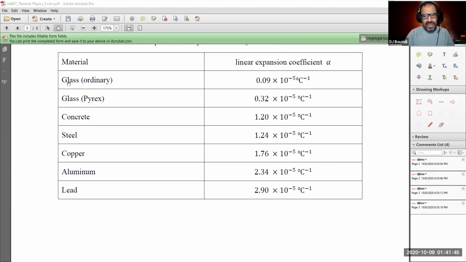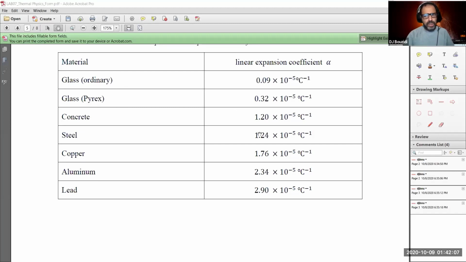For glass, if it doesn't melt, because glass melts, it's 0.09, so it has a very small alpha, okay? So you don't need a lot of temperature for it to increase in length. A different kind of glass has a slightly higher number.